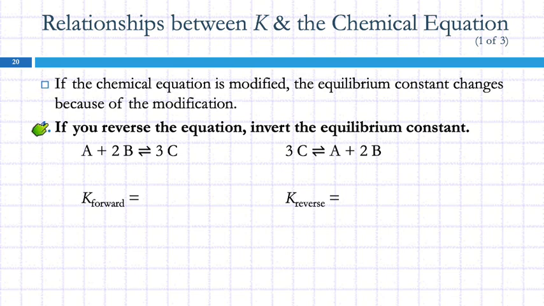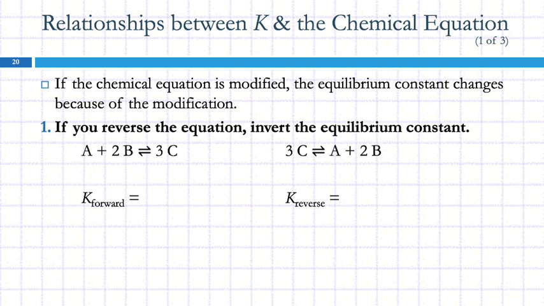So if we reverse the equation, so here's our chemical equation, if we write it backwards, what we did with delta H is we multiplied by -1 to reverse it, right? Because it was going in the opposite direction. Here, instead of multiplying by -1, we're raising to the -1 power. We are inverting the equilibrium constant. So let's see how that works here.